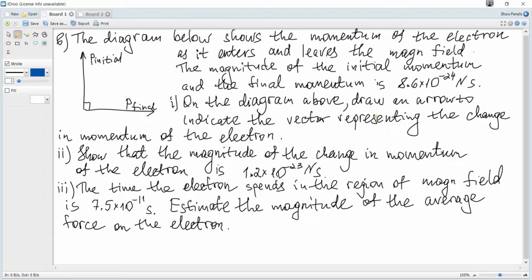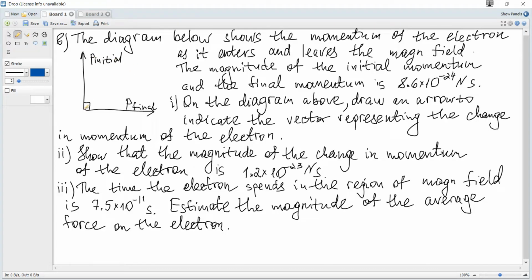On the diagram, draw an arrow to indicate the vector representing the change in momentum of the electron. Change in momentum is the final momentum minus the initial momentum, the difference of two vectors.